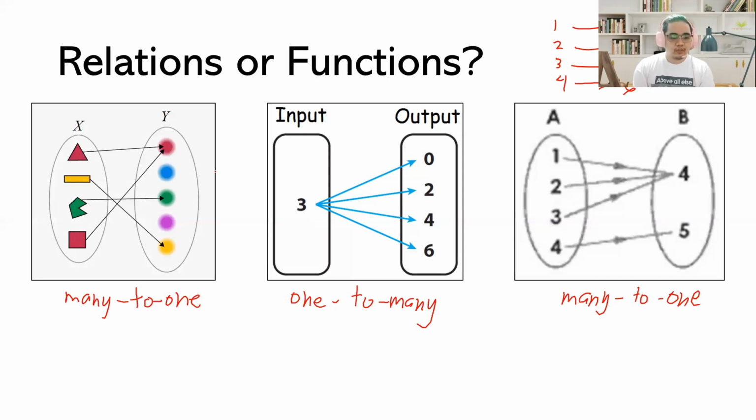Basically, those that are many to one and one to one are said to be functions. While the one to many is said to be a simple relation. Okay? So if you are asked, are all of these relations? Yes. Since they are pairings. As long as it is pairing, it is a relation. While for it to be a function, it should be either many to one or one to one.